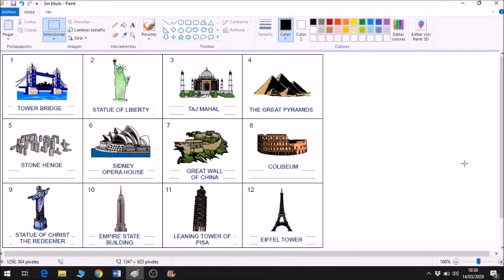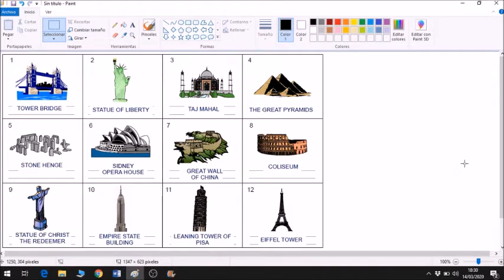Okay, here you have the answer. The first image is the Tower Bridge in London, England. The second one is the Statue of Liberty. It is in New York City in the United States. Number 3, India. Number 4, Egypt. Number 5, the United Kingdom again.